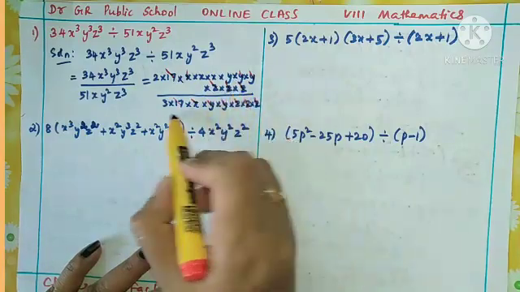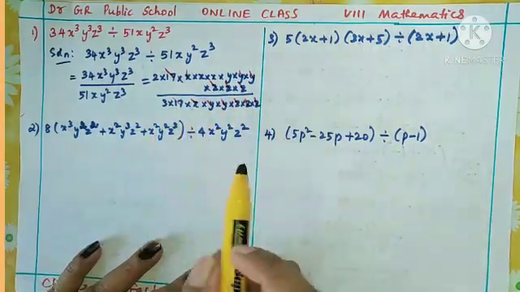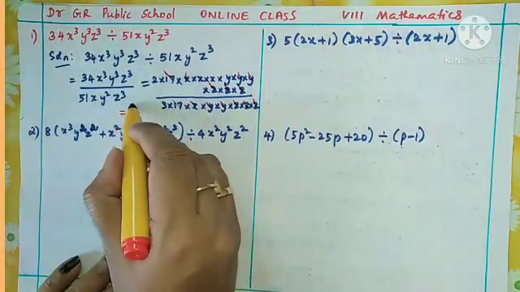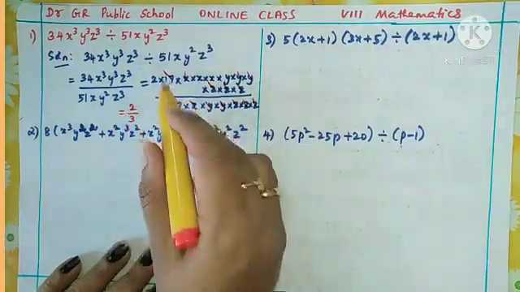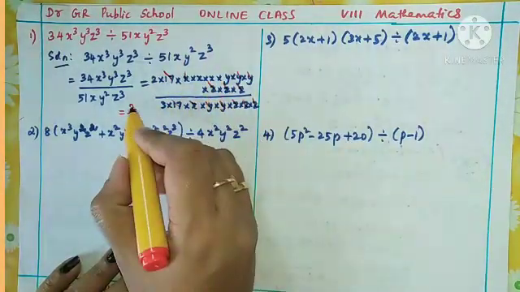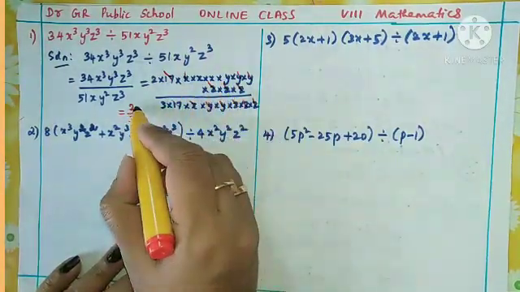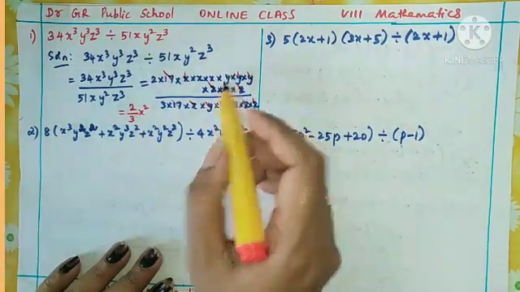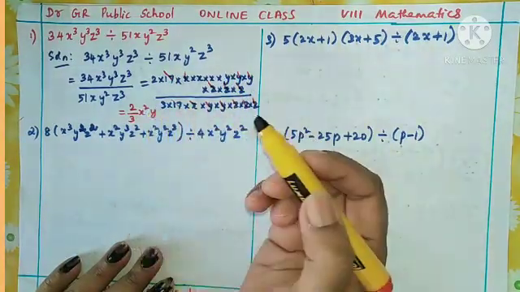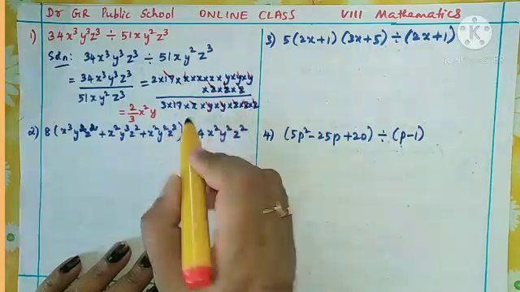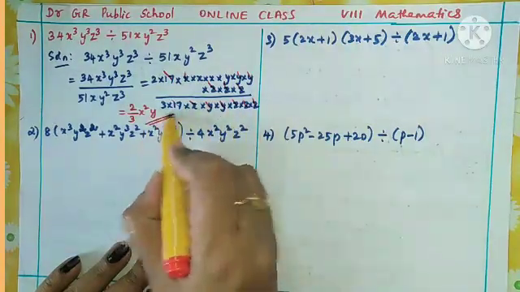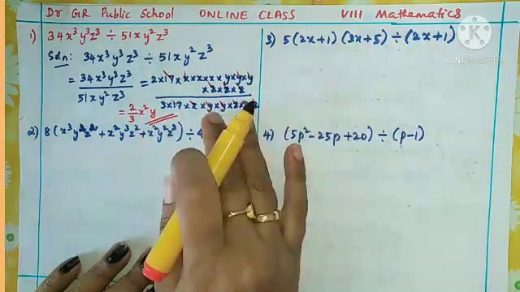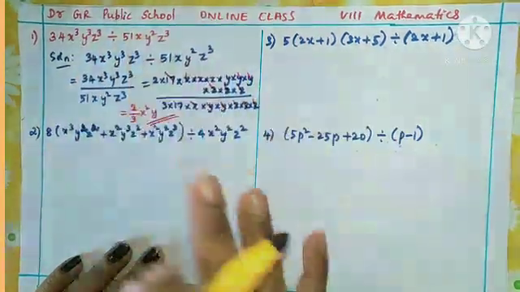Then one y is there, and in the denominator 3 is there. So you can write the answer as 2 by 3, and in the numerator there is x into x, that makes x square, and one y is also there in the numerator, so x square y. In the denominator no other variables. So this is the answer, 2 by 3 x square y. This is the required answer of this division.